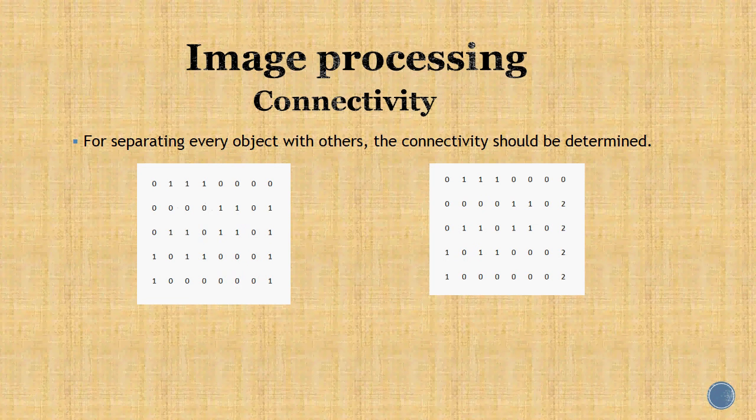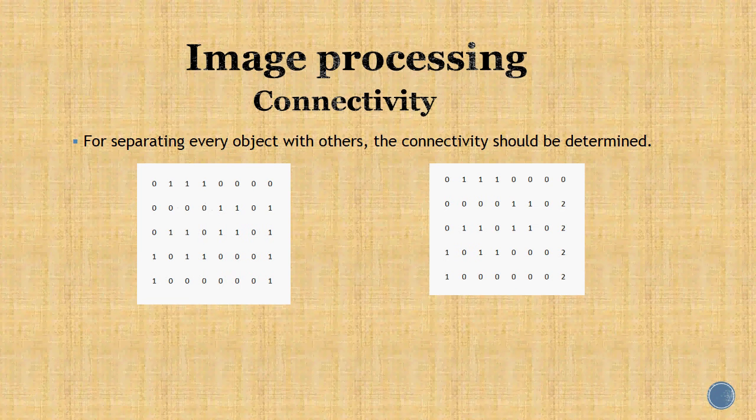For humans, it's easy to detect which part is an object, but for a computer it's difficult, and we need to label all the pixels and tell the computer which parts belong to the same object.